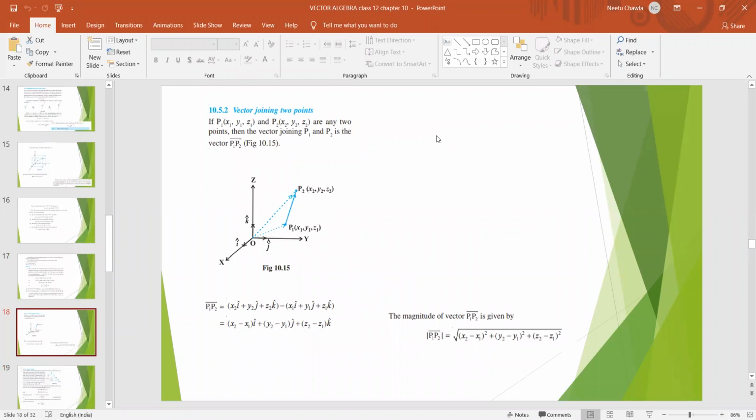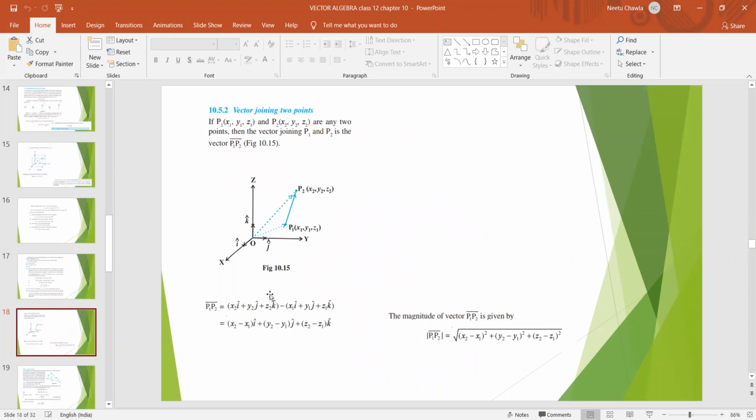And moving to the vector joining two points. If two points are given and their coordinates are given and we have to write it in vector form, just see how we are going to write. Suppose a point P1 has coordinates x1, y1, z1 and P2 is x2, y2, z2. And we have to write P1P2, means P1 to P2.